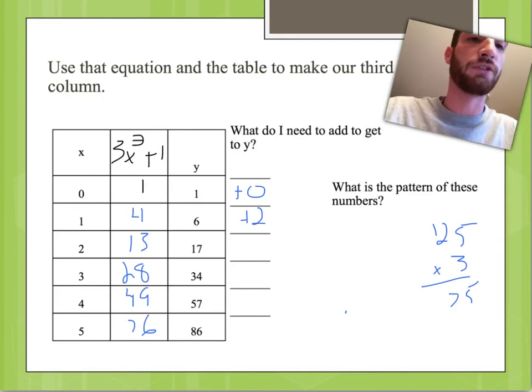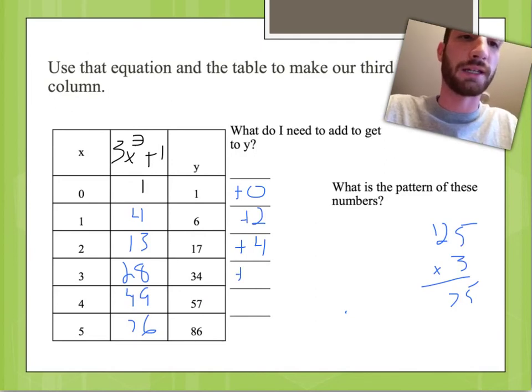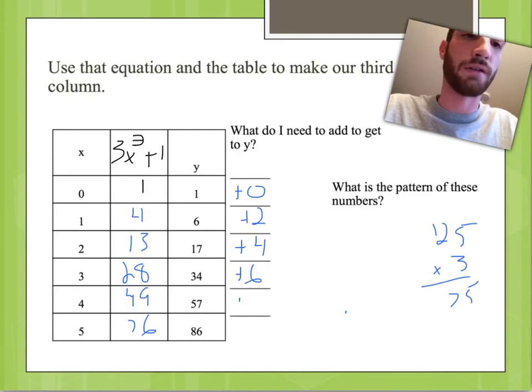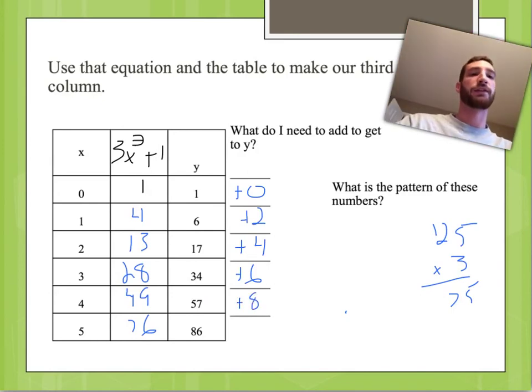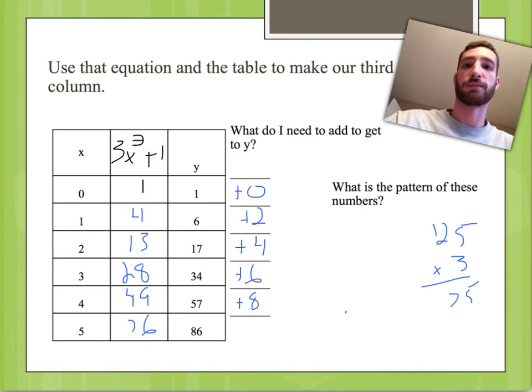From 13 to 17, I'm going to add 4. How do I go from 28 to 34? Well, you have to add 6 to 28 and you get 34. From 49 to 57, we add 8. So if we look at these right now, it's not a recurring pattern, but there is a pattern there. So whatever this pattern is, that is what our b is equal to.